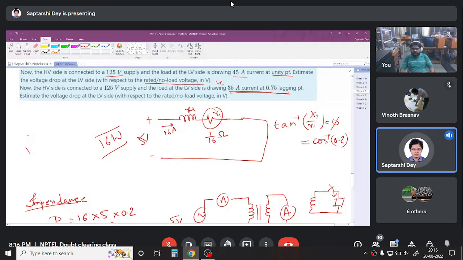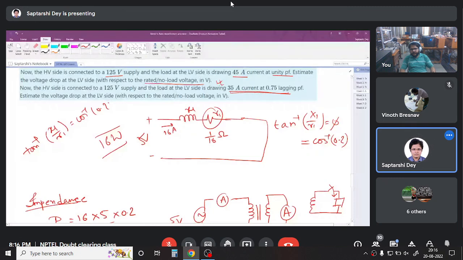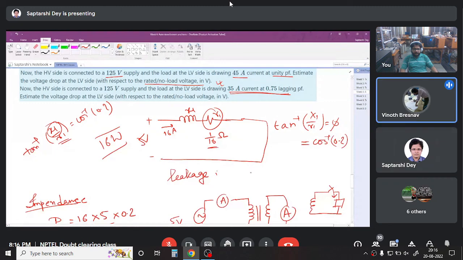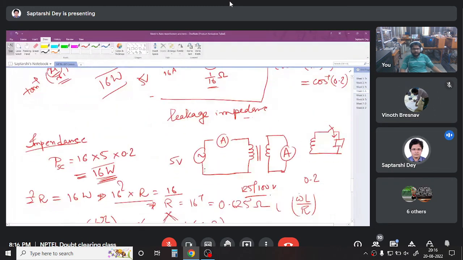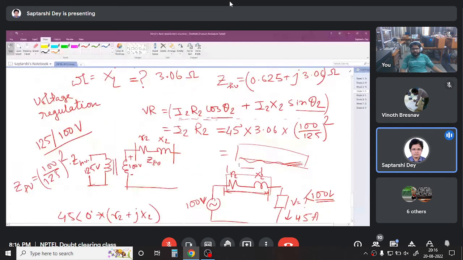So we have tan inverse of X1 by R1 equals cos inverse of 0.2. Everything is known except X1, so we can find out X1. R is known, we have found it out. So once we know the leakage impedance of a transformer, we can find out the regulation, right? Okay, sir. This regulation formula you can use, or else you can simply solve a KVL and find out the voltage drop.